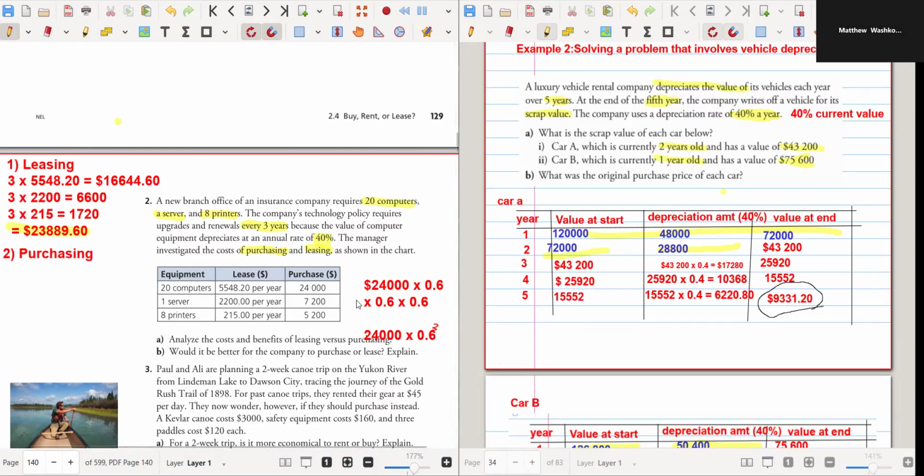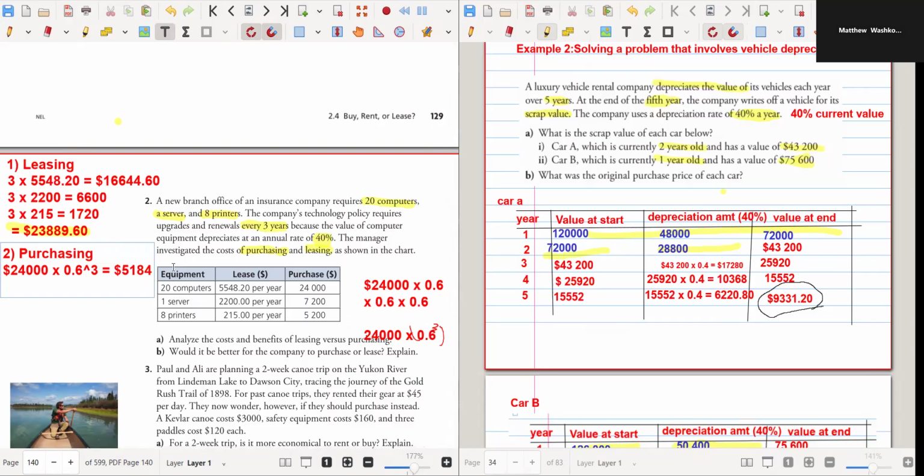So for our computers, it's 24,000 times 0.6 to the power of 3. If I do that, I get $5,184. So this is the same thing as the table, just in one short way of doing it.